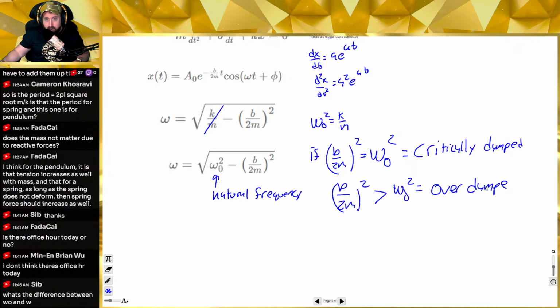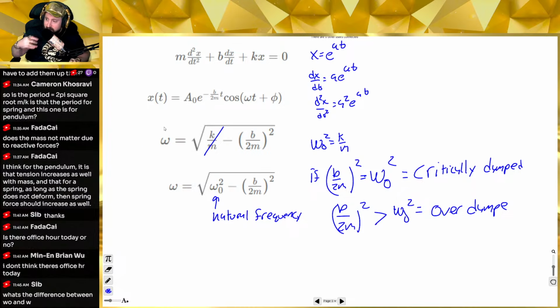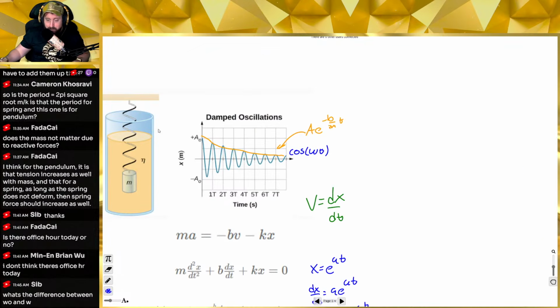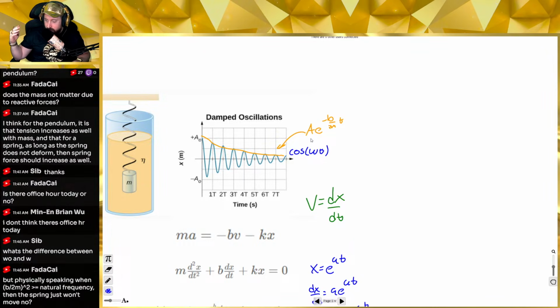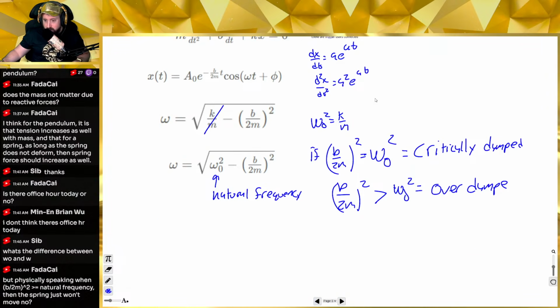So omega is the effective angular frequency of the oscillations. Omega naught is what the angular frequency would be if there was no damping. Good. Yeah, so watch what happens. Yeah, it's overdamped, exactly. And we're going to get into that.